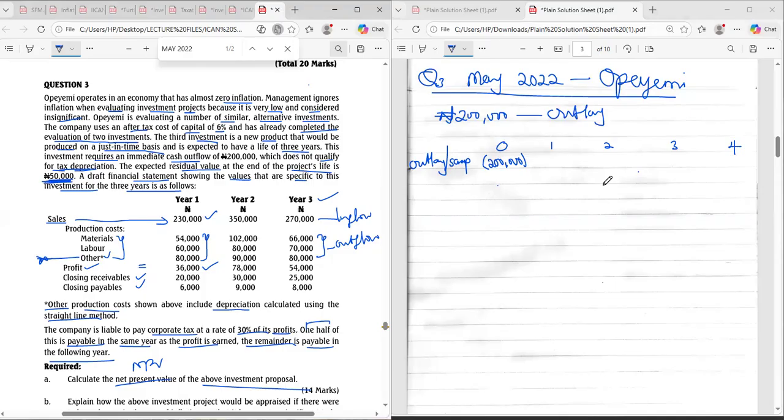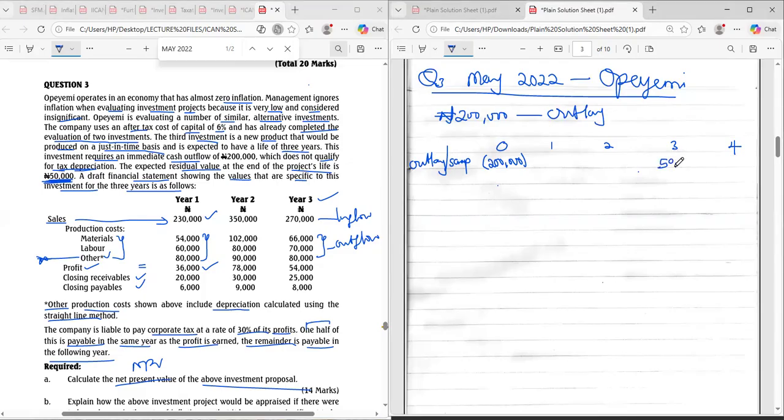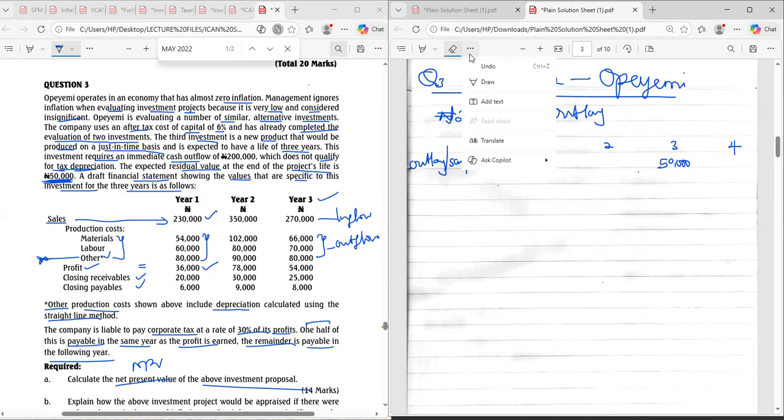So residual value simply means that at the end of the project, you get back that money. So at the end of the project, year 4, 50,000. That will be positive. You can separate it. You can say outlay here and put scrap value down here. It doesn't matter. There is no IFRS or one standard that is guiding this.